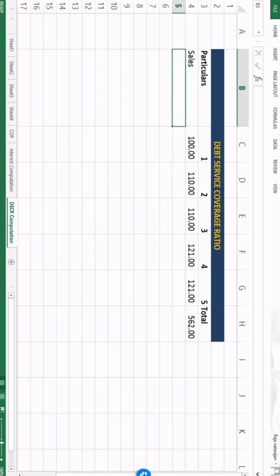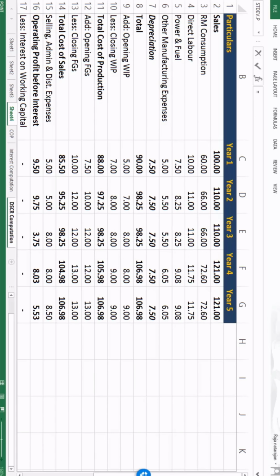Now we should take profit after tax, then we should subtract the dividend, and we are supposed to take only the retained profit, but here I'm starting directly from the retained profit. Okay, so what is the retained profit? Let's go and pick up retained profit.